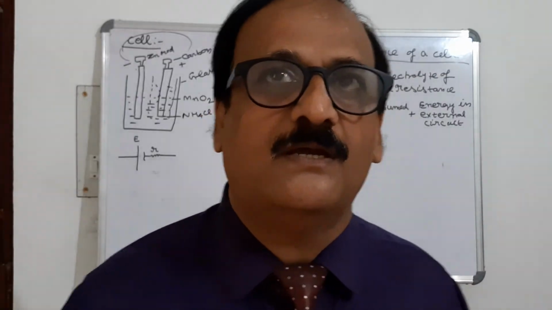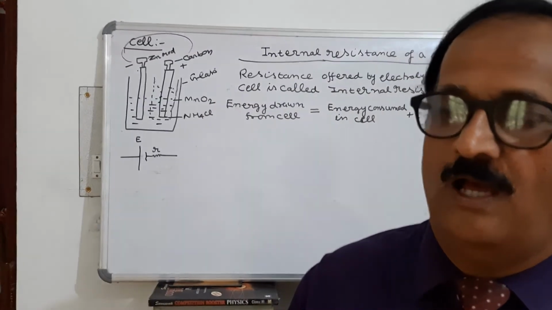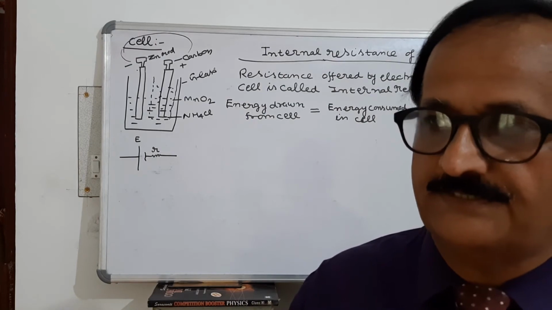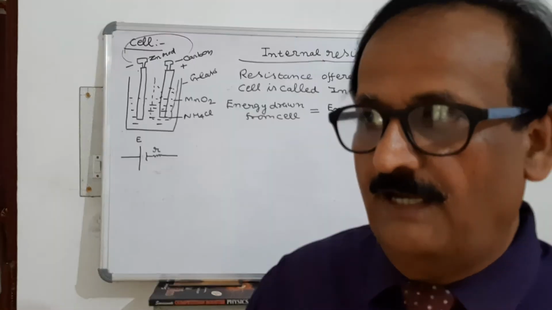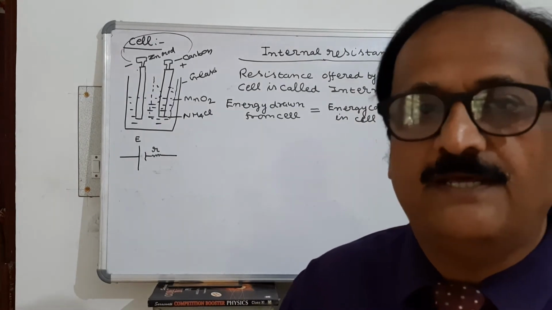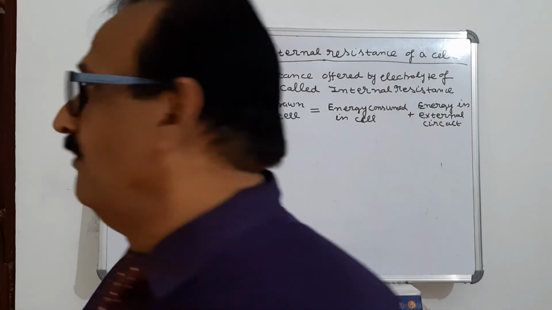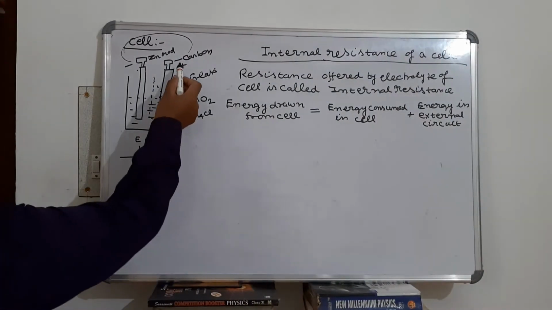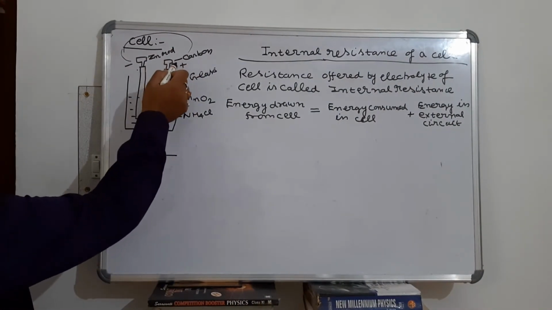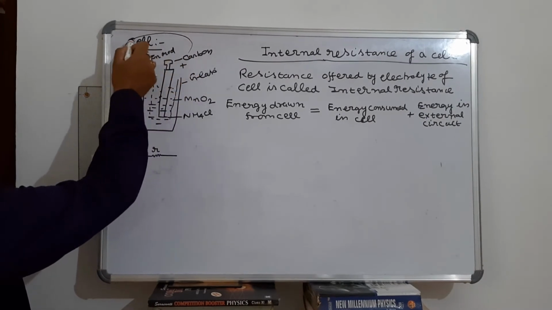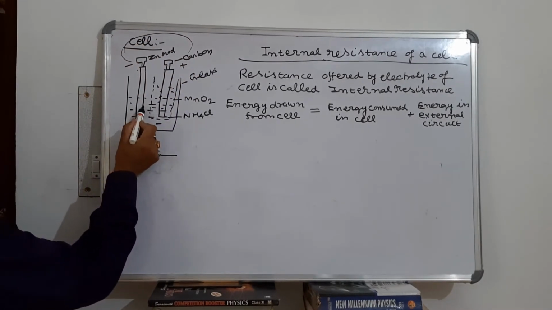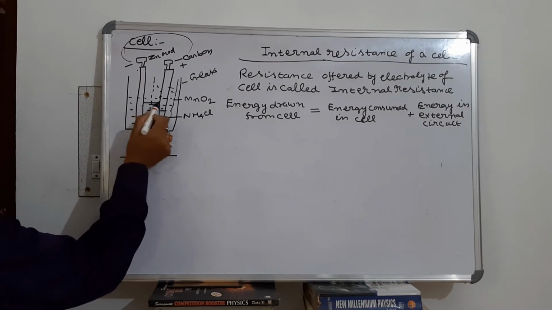So students, now I will discuss internal resistance. Previously I discussed the cell and how a cell converts chemical energy into electrical energy. Now I will tell you about internal resistance. When current flows from this terminal to this terminal, the current flows through the external circuit along this path, and internally current also flows through this path.